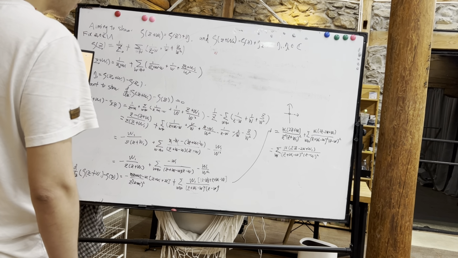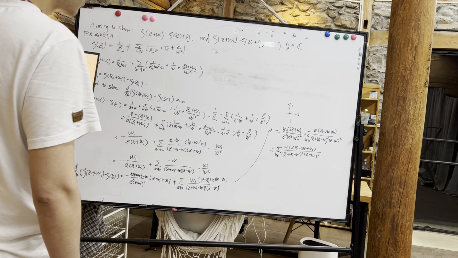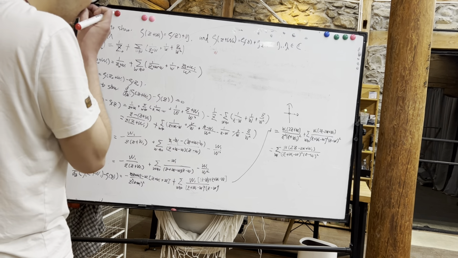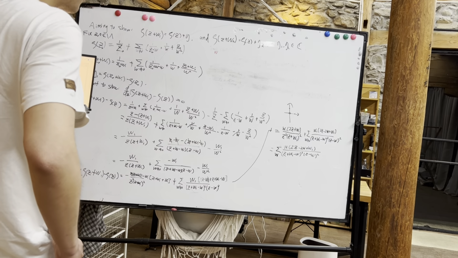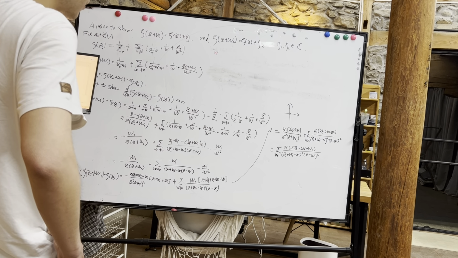Knowing that the first term is just the second sum where omega is equal to 0, I can combine them into the sum over all the omegas, including 0, of this summand.